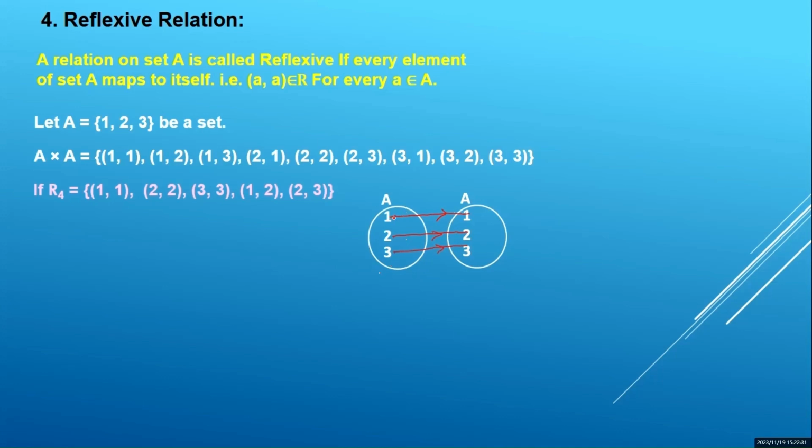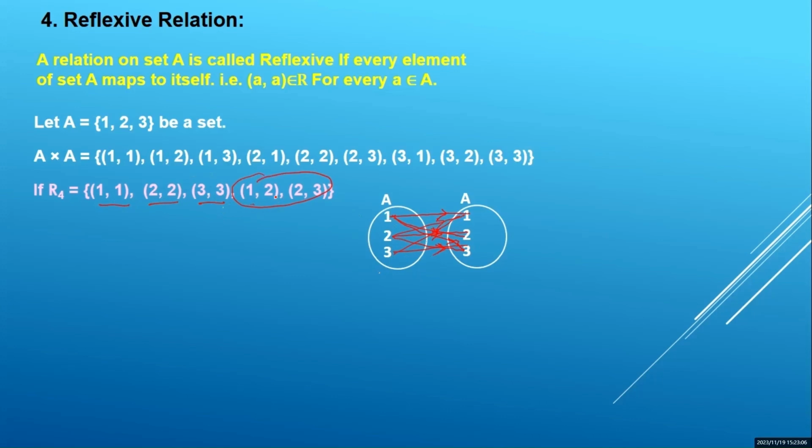But there can be (1, 2) also, (1, 3) also, (2, 1) also, (2, 3) also, similarly (3, 1) also. But those are not compulsory. Compulsory are (1, 1), (2, 2), (3, 3). These elements must be there. Remaining elements may or may not be.